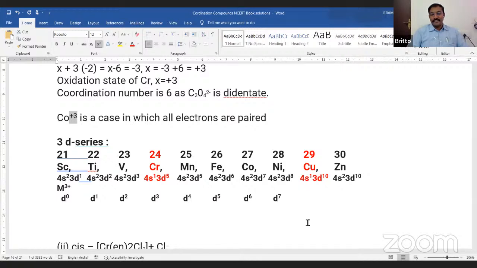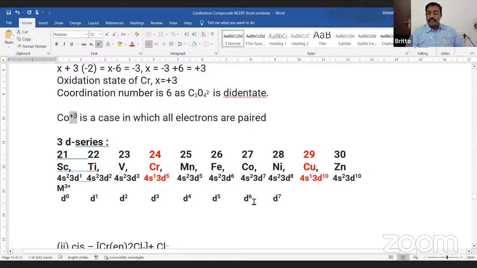So d6. If it is a weak ligand, as I discussed in the last class, it's going to form an outer orbital complex. It means the 3d orbitals will not be touched, so it is going to use the 4d orbitals. Weak ligands form high spin complexes. How are you going to arrange this d6?